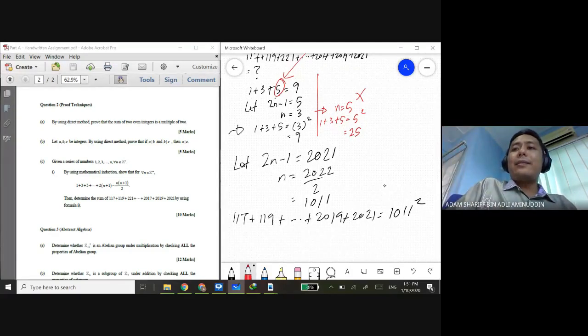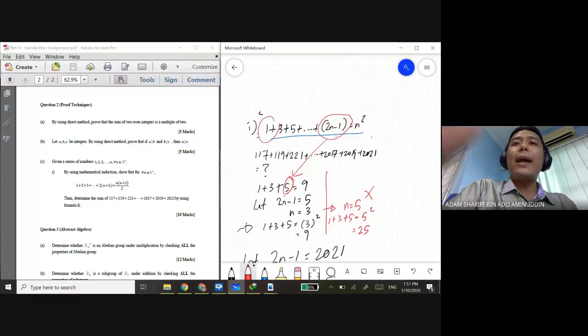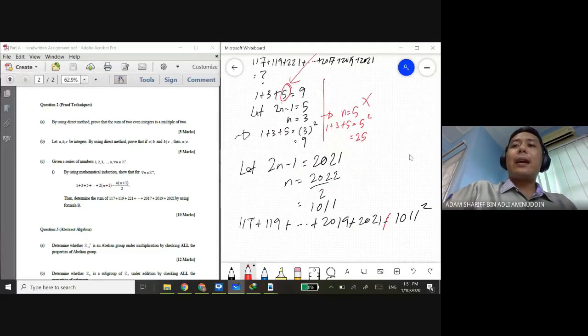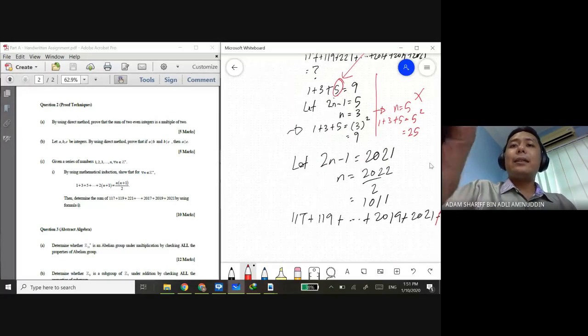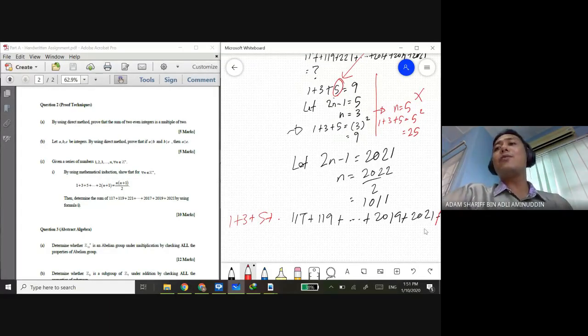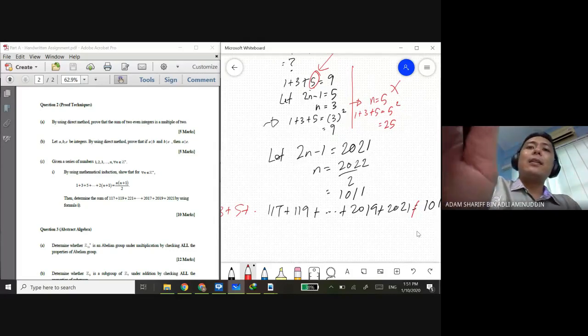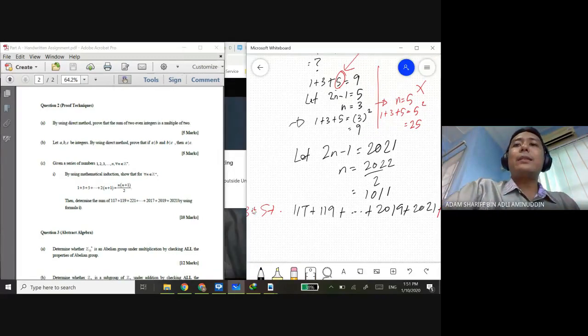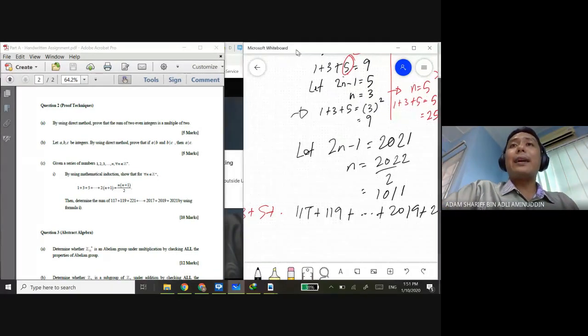This summation is not equal to 1011 squared because this formula is applicable when you start from 1. If it is from 1, kalau soalan dia 1 tambah 3 tambah 5 bla bla bla sampai 2021, yes you can use. But this question has a little bit of spin lah kan.